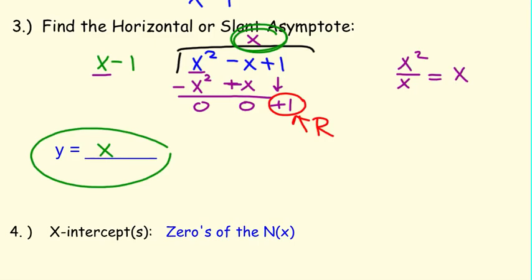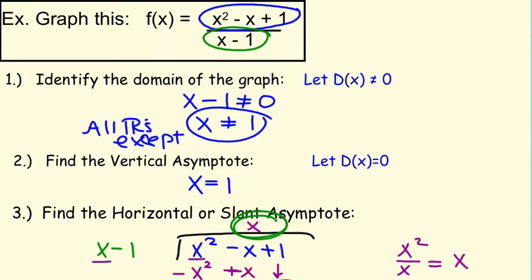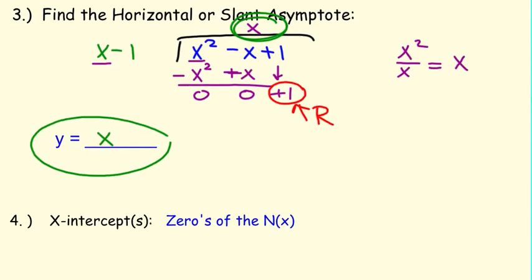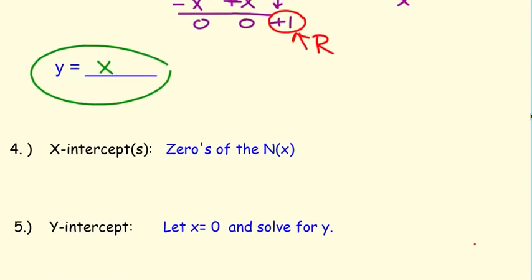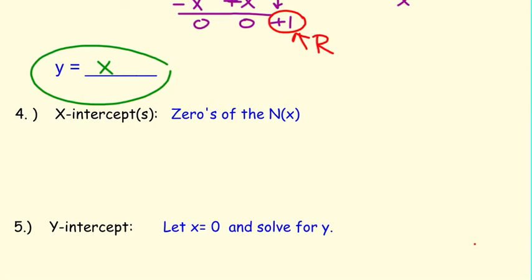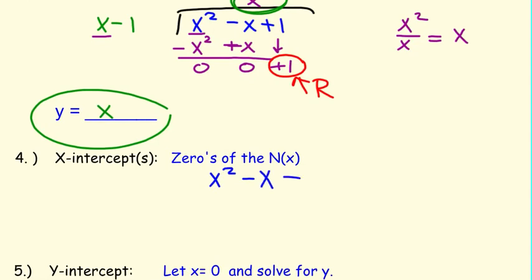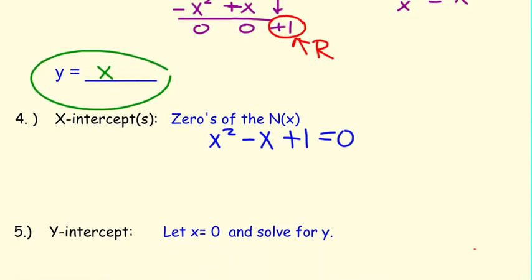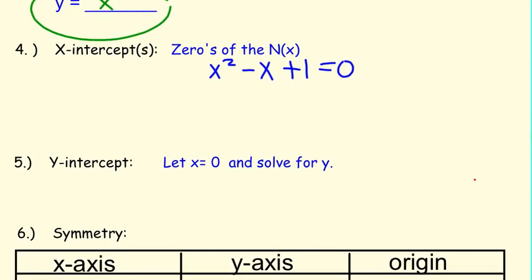Next is to find the x-intercepts. The x-intercepts are the zeros of the numerator. So here's our numerator, x squared minus x plus 1. We set that equal to 0 and solve for x. So we try to factor it first. We use the chart method. What are the factors of 1 that add to negative 1? Negative 1 and 1 do not work, so that is not factorable, and we have to use the quadratic formula.